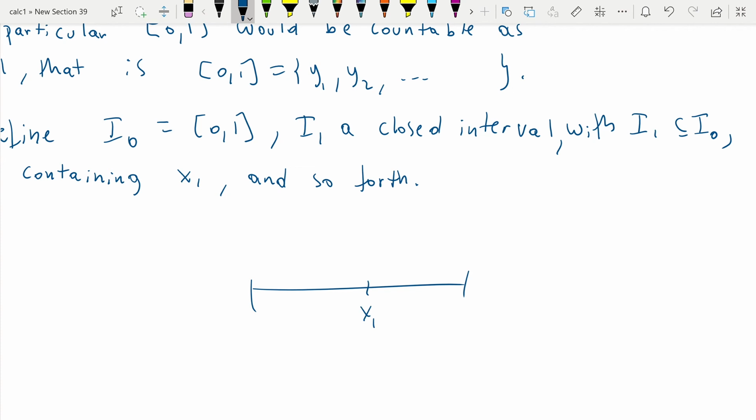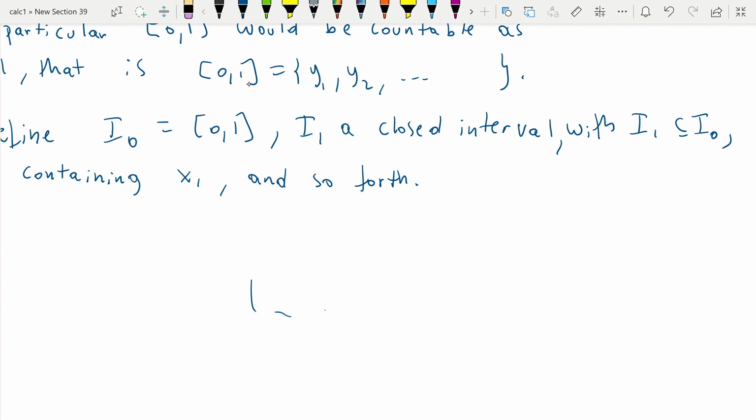If this is x1, you just pick some closed interval here that does not contain it. You can use the density of the rational numbers or the irrational numbers here, and you can choose some small neighborhood x1 plus delta. You don't have to do anything explicit here. You just need to include the endpoints here and here, and you have a closed interval that does not contain x1.